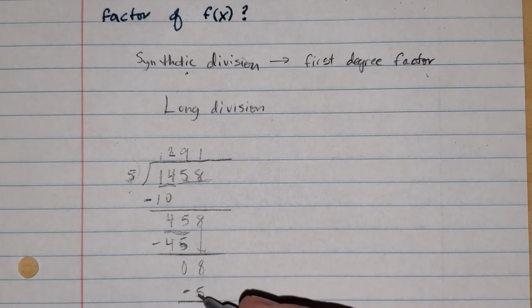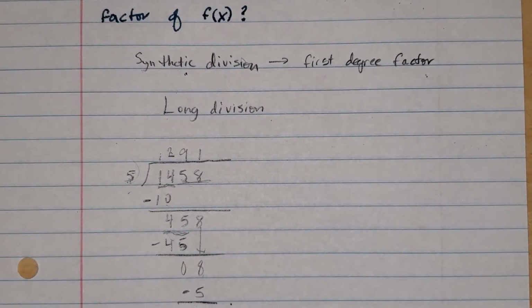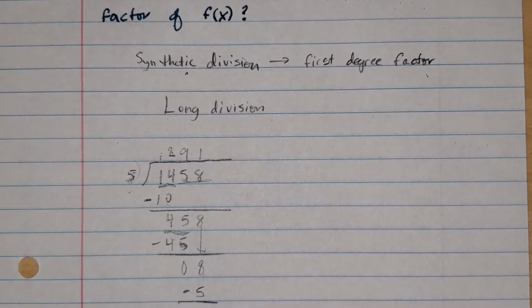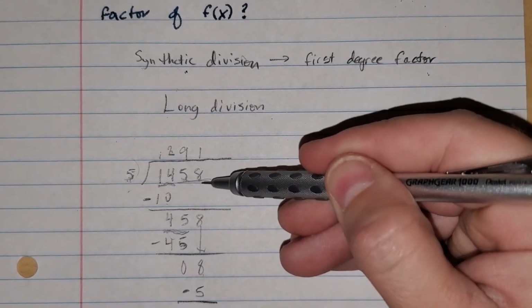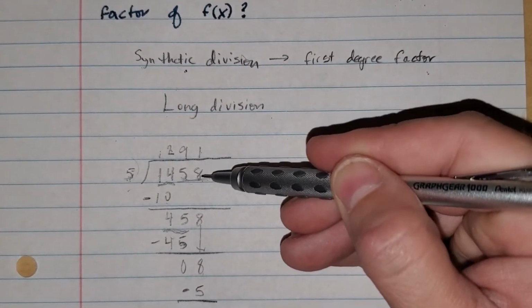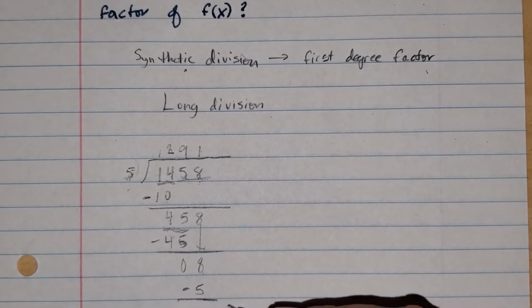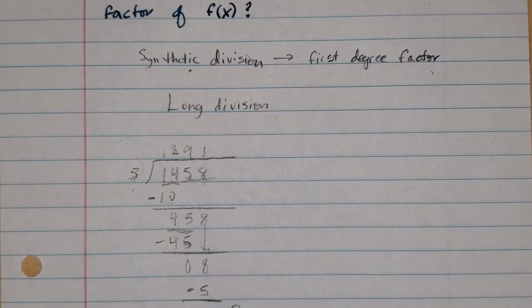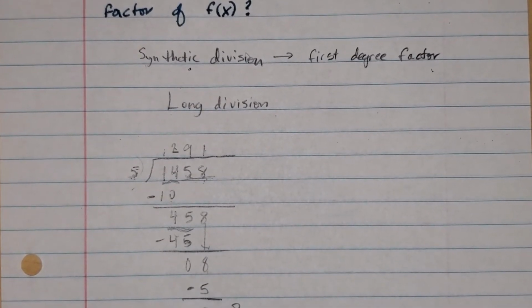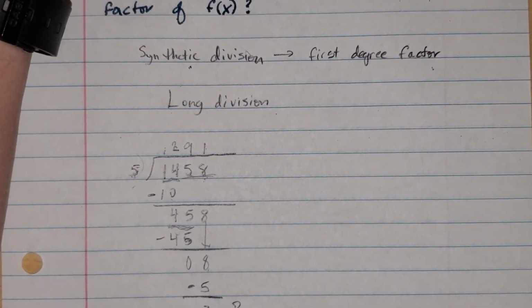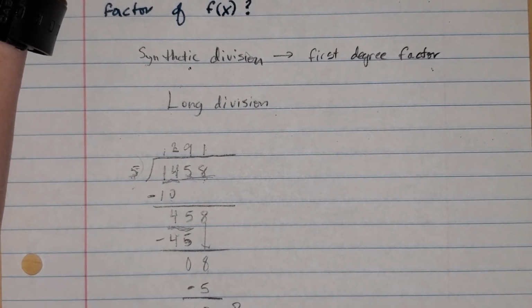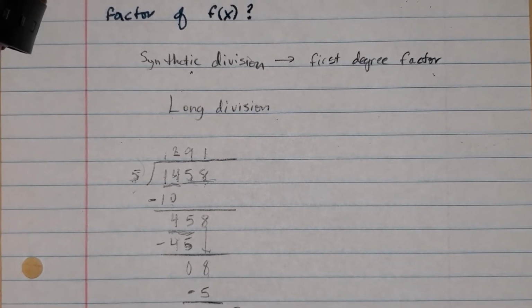So multiply, subtract, multiply, subtract, multiply, subtract. I can't say it enough, guys. And we get 3. Now, this was my last division because it's my last number. So this is what we call our remainder. And there's 2 ways to write this answer. You can write 291 remainder 5.